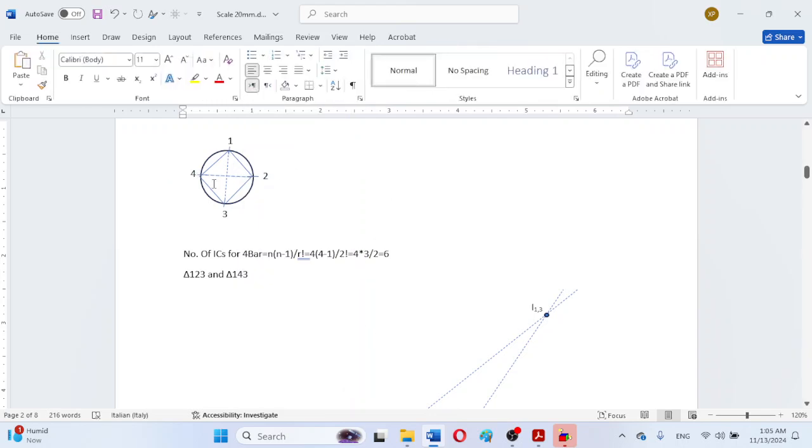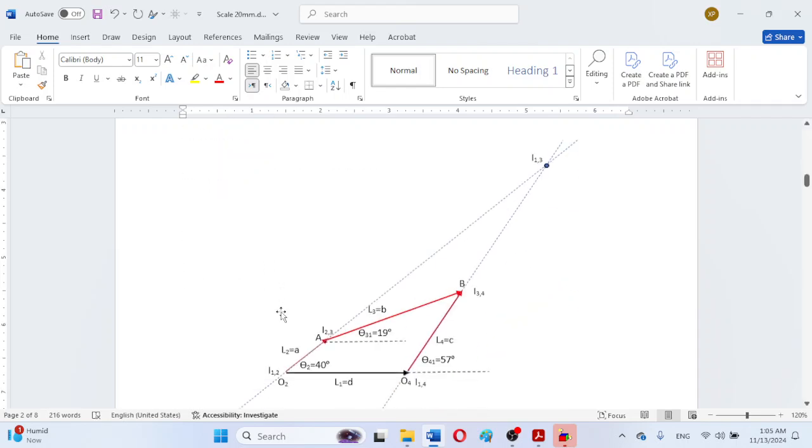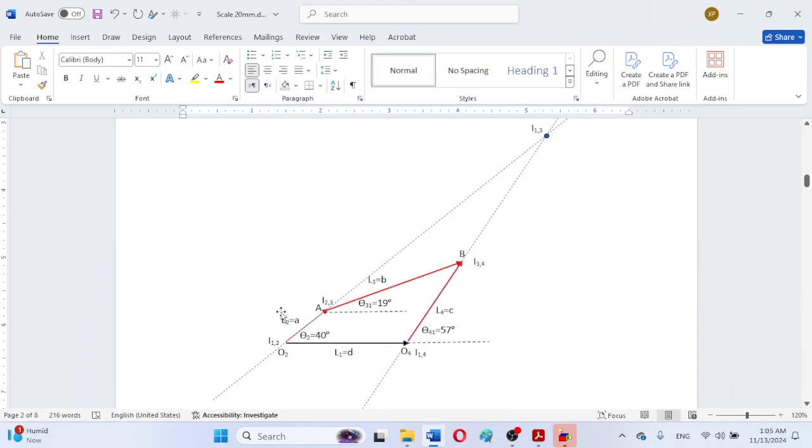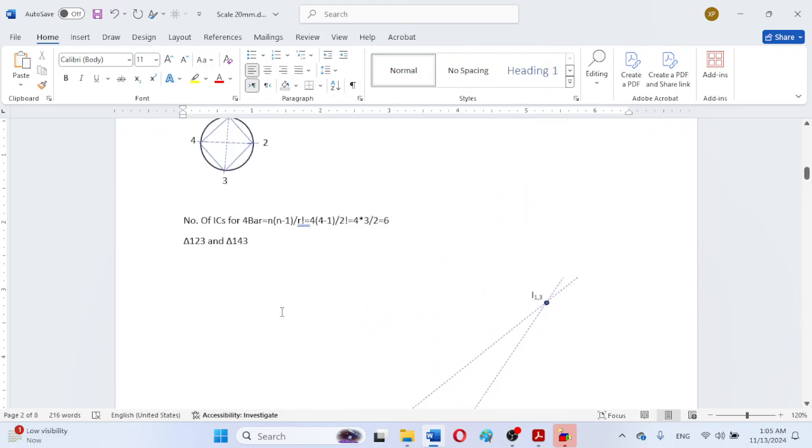Now we will again be using the other triangles. Sorry, the diagram has moved.